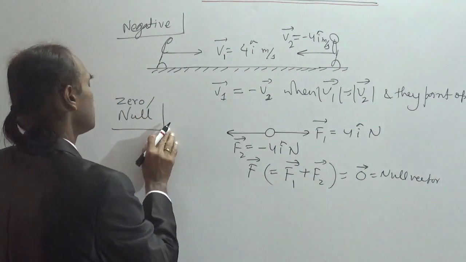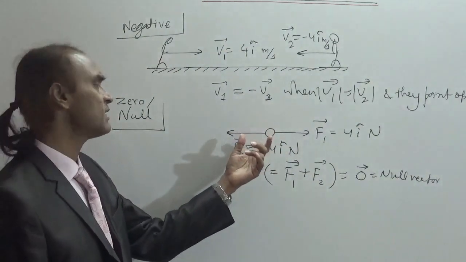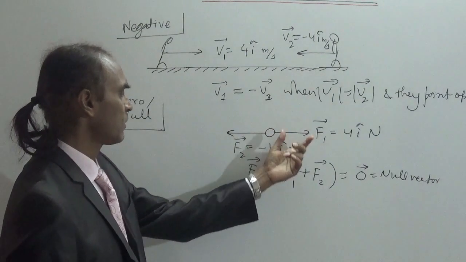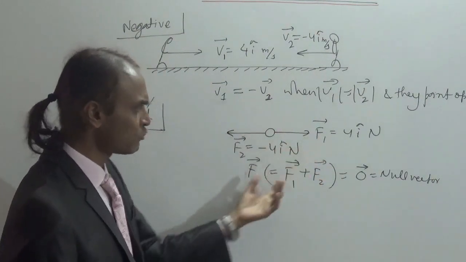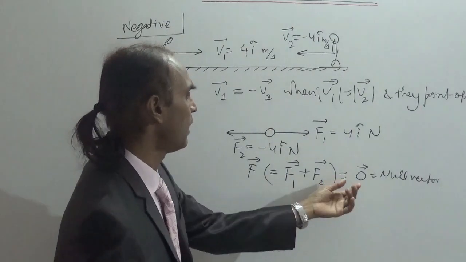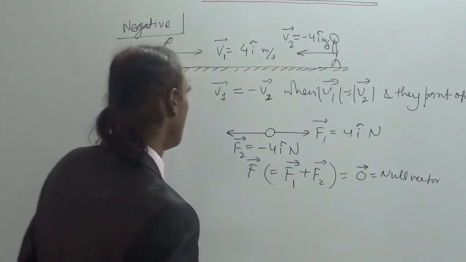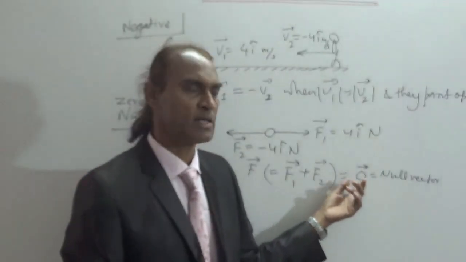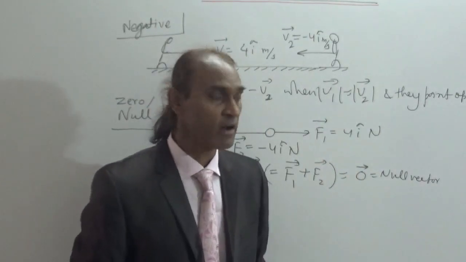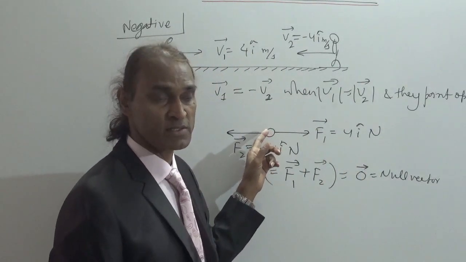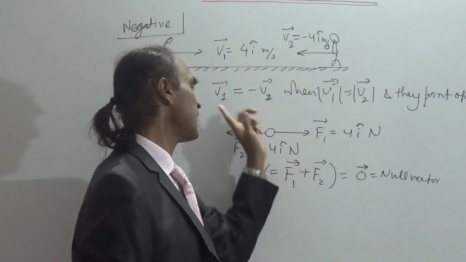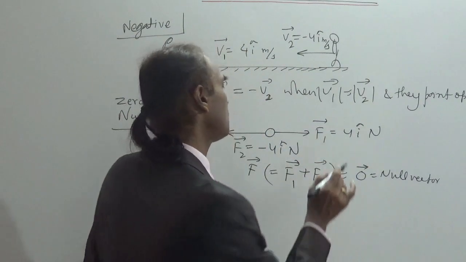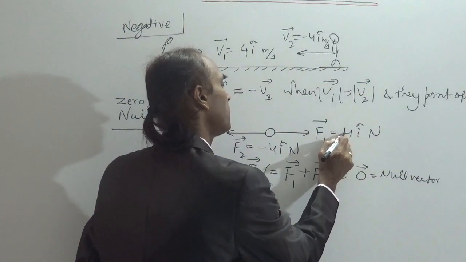So using that idea of two forces acting in opposite directions having equal magnitude, the resultant or the addition of these two forces will give you zero force. I mean, it's a null vector. It has magnitude 0, but any arbitrary direction. We cannot say in which direction exactly this particle is moving. This is an example of force I have taken to explain the concept of null vector.